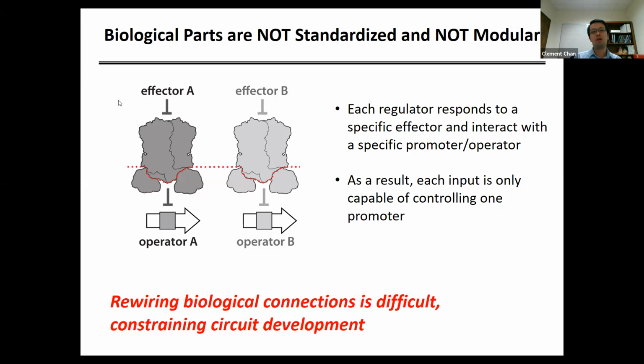For example, we cannot use small molecule A to control gene expression driven by promoter B. So this is what I call being not modular. And this actually provides some barriers for us to develop new genetic pathways for cellular response.